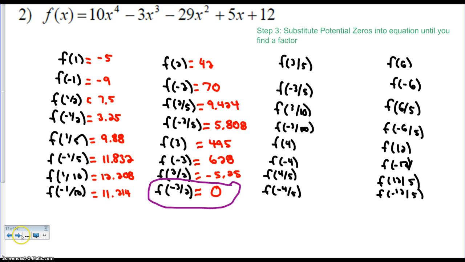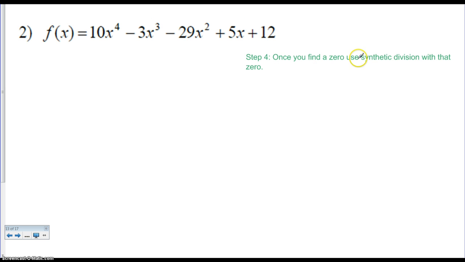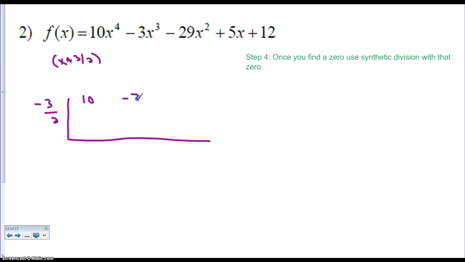Well, I can use synthetic division with this, because what I know is that x plus 3/2 goes into this quantity perfectly. So I'm going to plug negative 3/2 into this quantity. I got 10, negative 3, negative 29, positive 5, and positive 12.